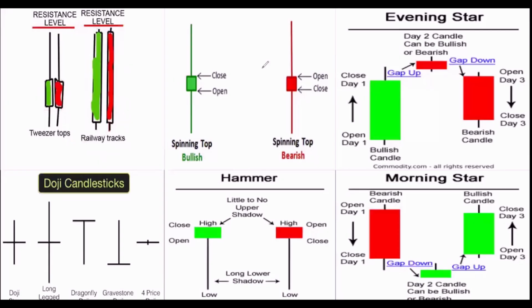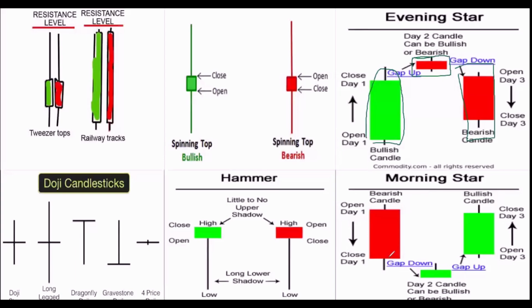These are spinning tops and spinning bottoms, simply a small body, and we have two long wicks to either side. For the evening star pattern, we basically have a small gap up and a small gap down right here. We have a little bit of space in between. It doesn't really have to be too much space, but most importantly, we have a bullish candle, then a small doji or spinning top, and then a nice bearish candle to close.